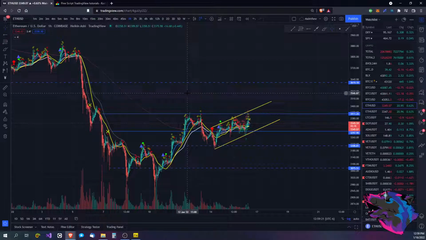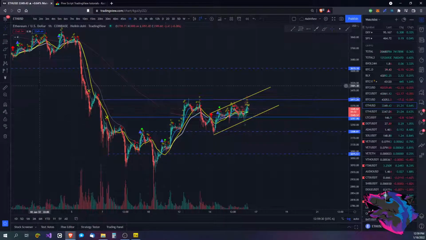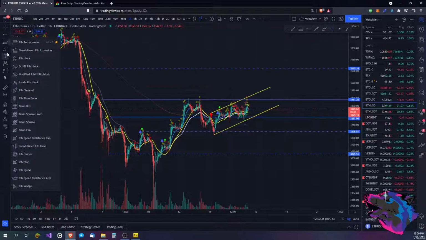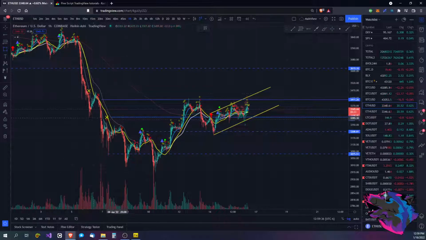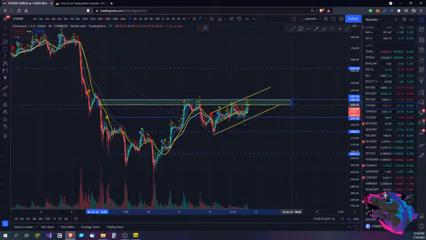And a way that I like to do things now, as opposed to always doing lines, especially when you get into an area where you're seeing support and resistance, but it's not always necessarily coming to the exact same line, at that point you could maybe have a range that you draw with your little rectangle.